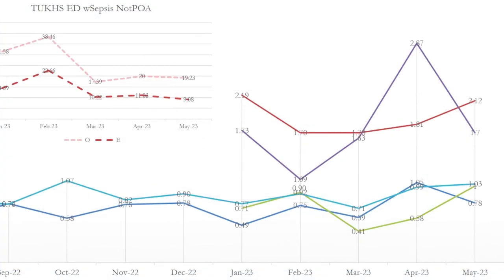These are patients that come in through the emergency department, but sepsis is not present on admission, whether it was not diagnosed or potentially sepsis developed into their hospital course. As you can see, the mortality index is pretty high in this patient population, and this is true across other hospitals as well. When we compare this component of our performance to other hospitals in the nation, we note that the mortality index in this particular component suffers.